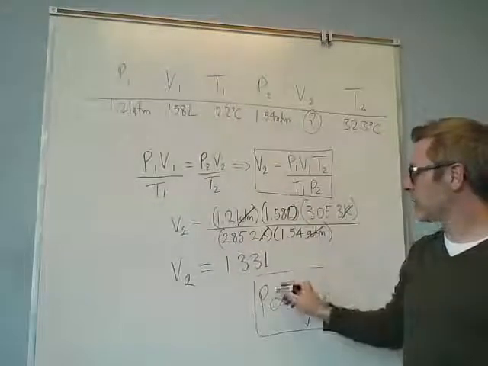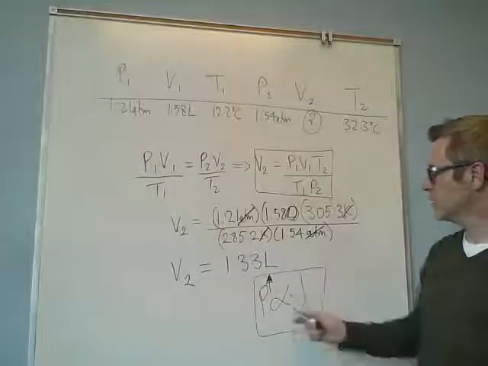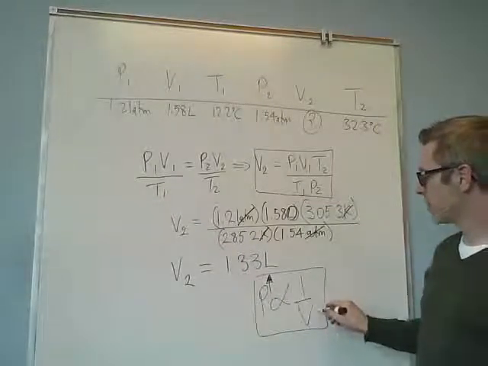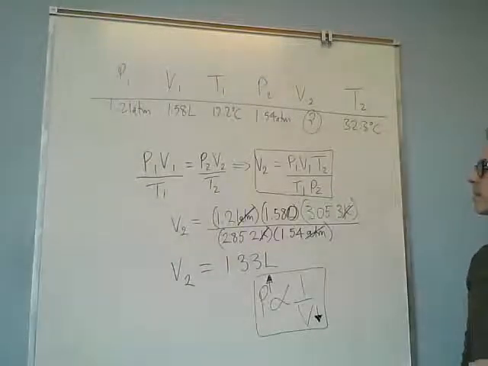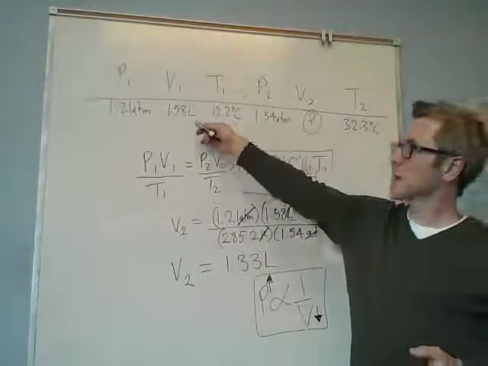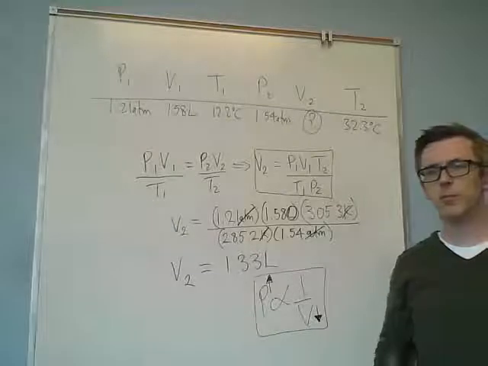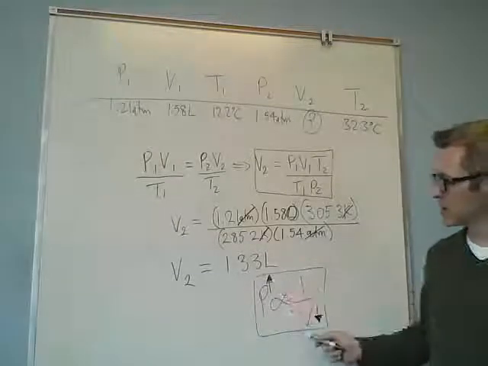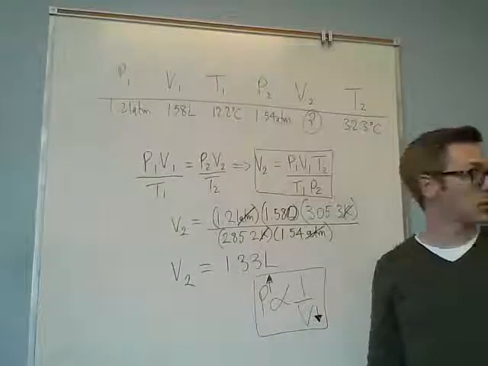P1 to P2, the pressure went up. If the pressure goes up, the volume has to go down. Indeed, V2 is less than V1, so the volume did indeed go down. So always remember to critique your answer using the basic proportionalities of each individual equation.